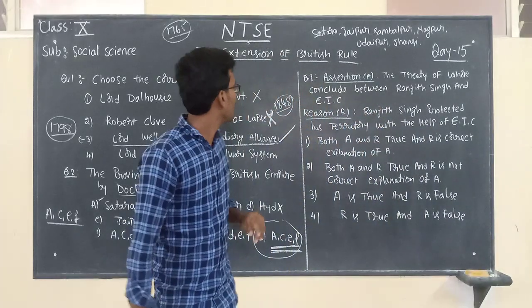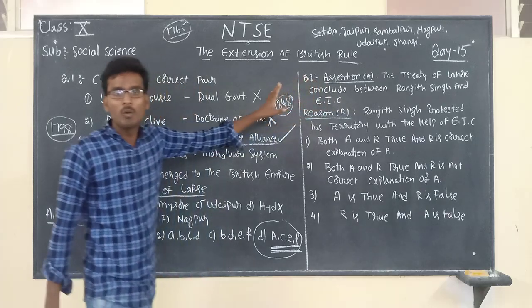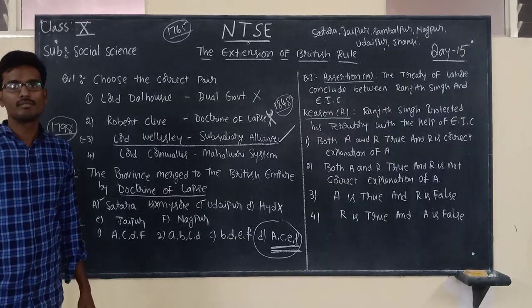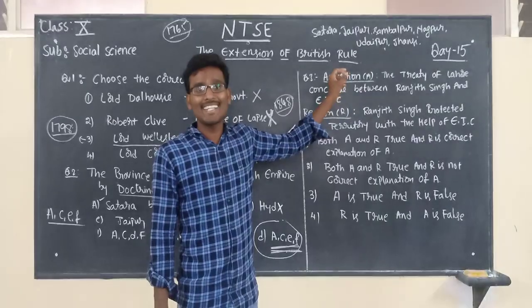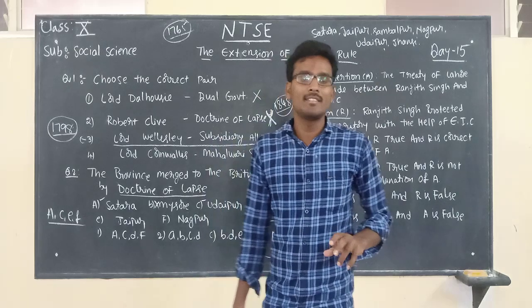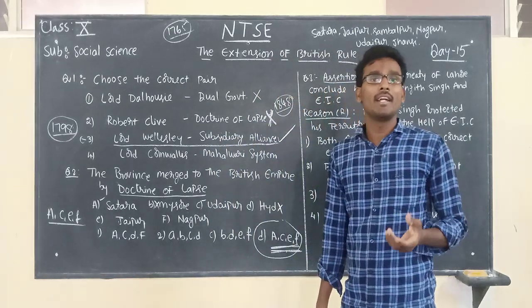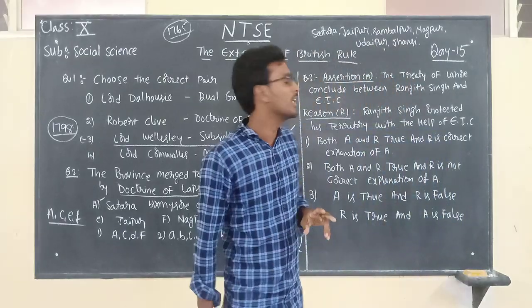So now let us move on to question number 3, that is an assertion and reasoning type of question. In the previous NDSC model classes we discussed some assertion and reasoning models, right? So now one more question here.